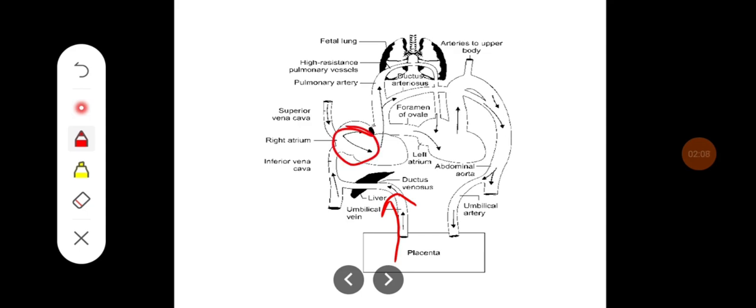From the right atrium, most of the blood goes to the left atrium through foramen ovale and the ductus arteriosus. Okay, so then this blood is pumped to the aorta and it's going to supply oxygen to the different parts of the fetal body. Then the umbilical artery drains into the placenta, which carries mostly the deoxygenated blood from the fetus.